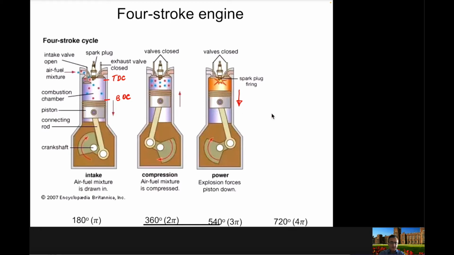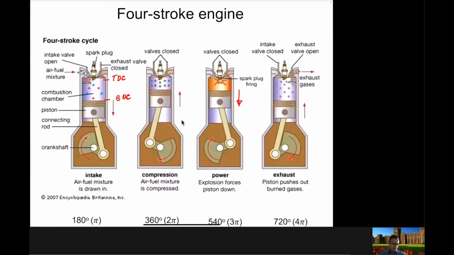And in the final stroke, which is the exhaust stroke, the piston will move in the upward direction, and during this stroke you will open the exhaust valve, and this will force the air fuel mixture through the exhaust port.